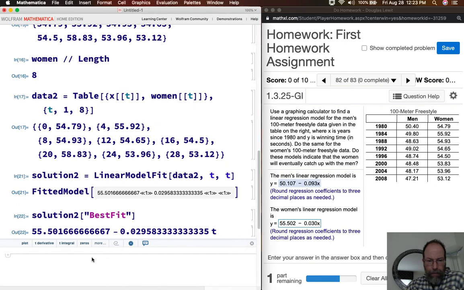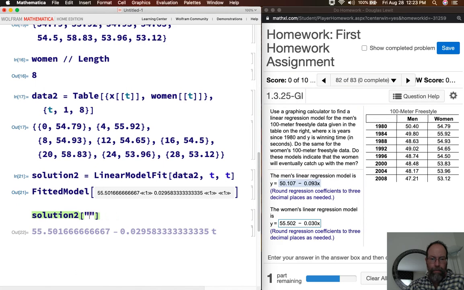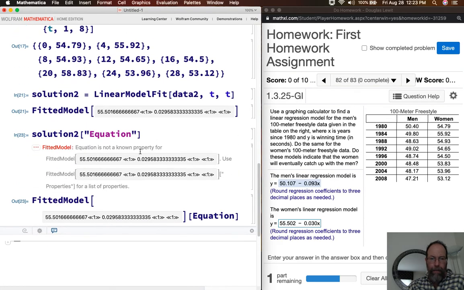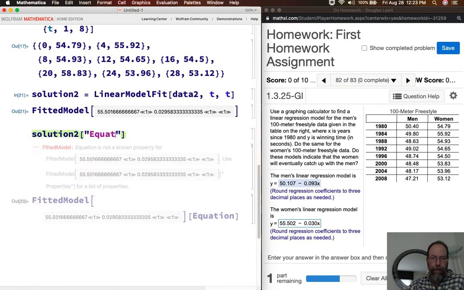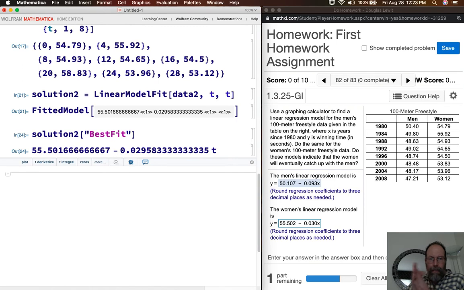0.030. Okay, that's not, it doesn't like that. Okay, hold on 1 second. That should be okay.